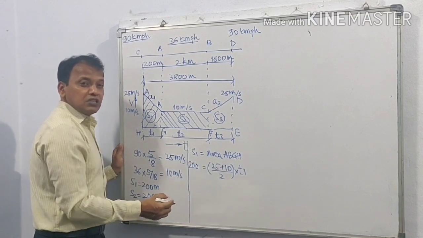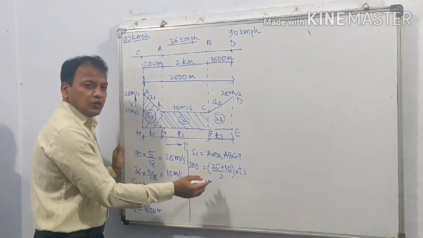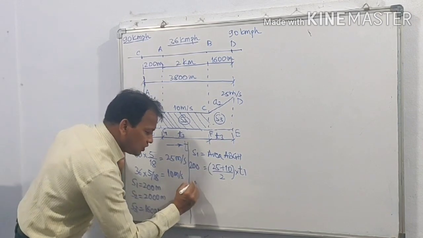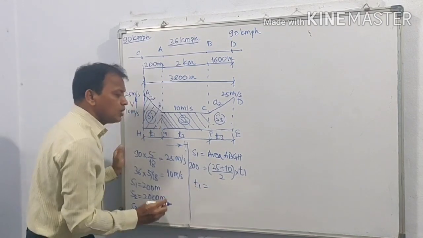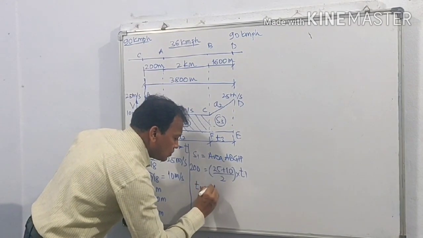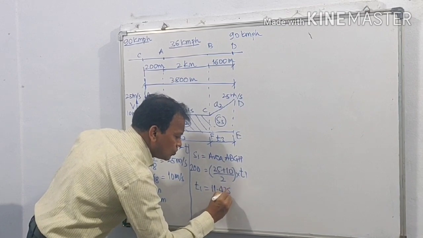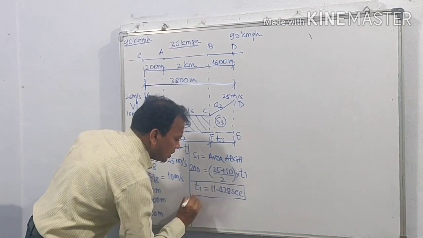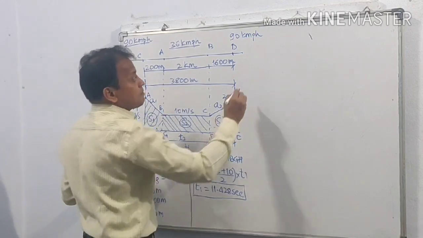So 25 plus 10, 35. 35 divided by 2, that is 17.5, and therefore T1 is equal to 200 divided by 17.5 is equal to 11.428 seconds. So T1 is equal to 11.428 seconds.